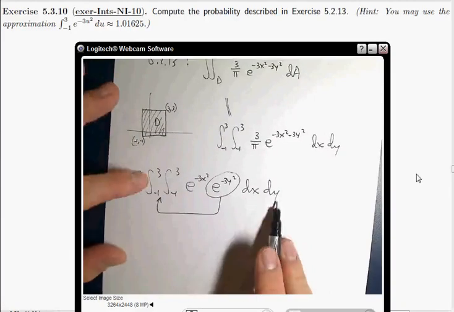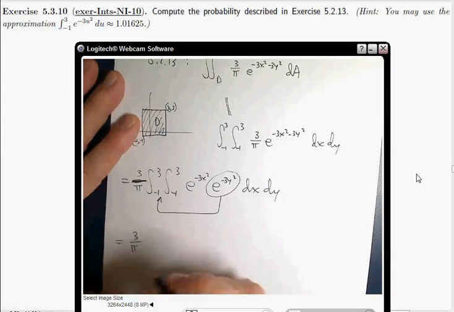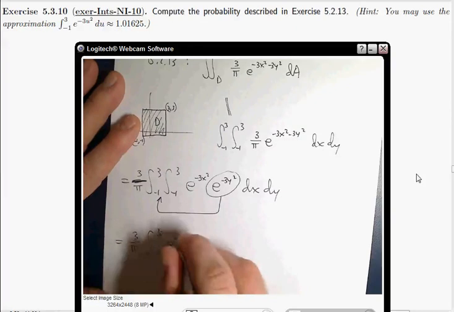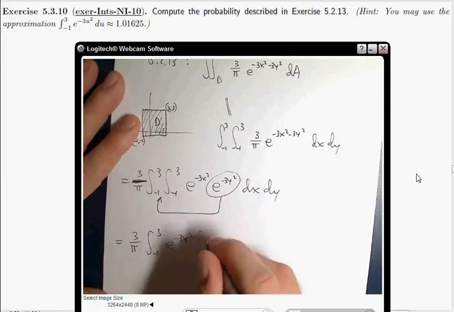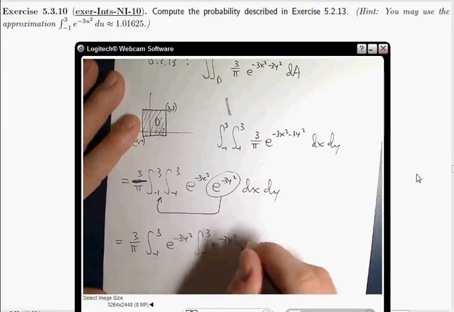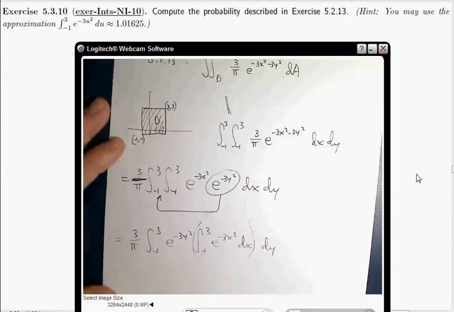Now, I can't factor it outside the dy integral. y is a variable for the dy integral. But I can rewrite this as follows. So I can do that.